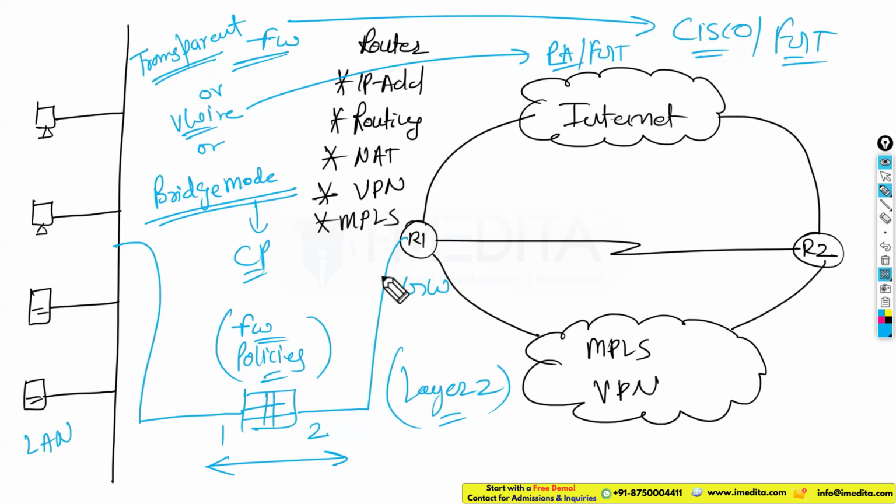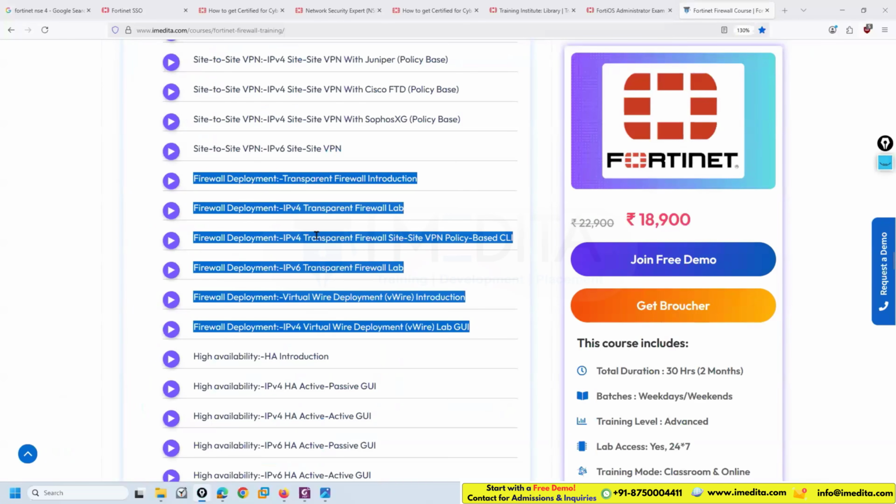When your first criterion is don't change the network configuration, but you want to achieve the security policy or increase the protection of the network, we can use transparent firewall, vWire, or bridge mode. So this is about transparent firewall or vWire.